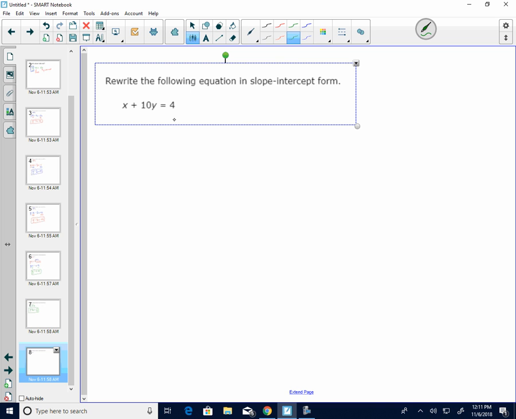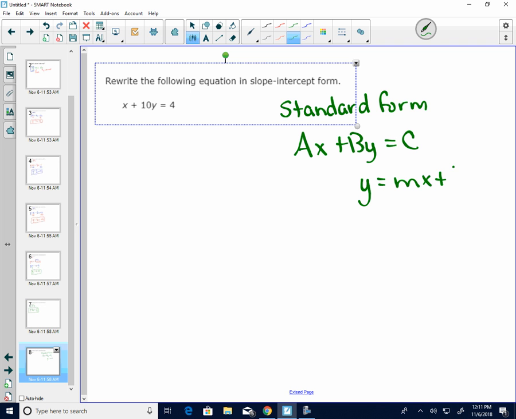And for our last example, this one is written in what is called standard form. And this is what we practice a lot in my class. It's taking it from ax plus by equals c and turning it into y equals mx plus b.